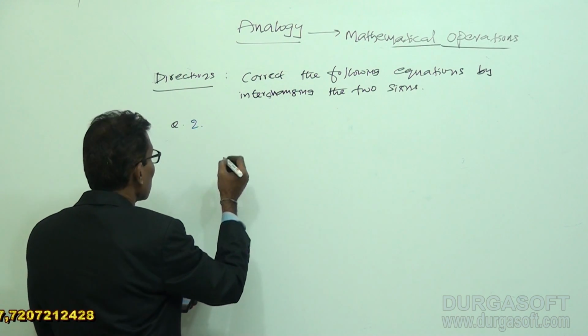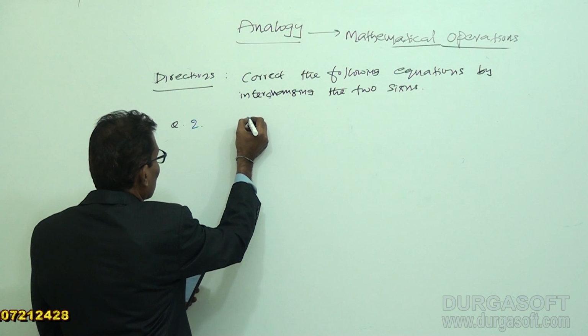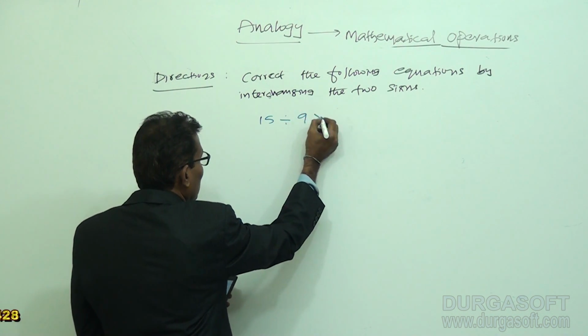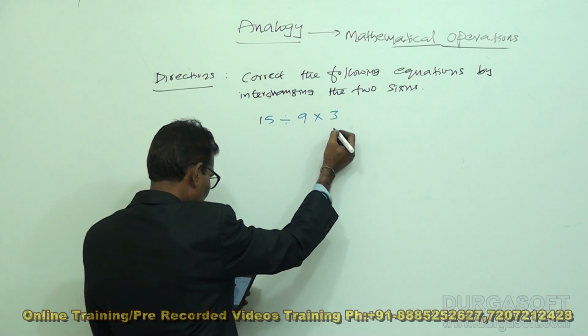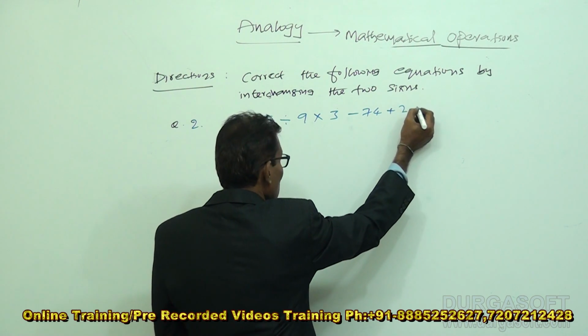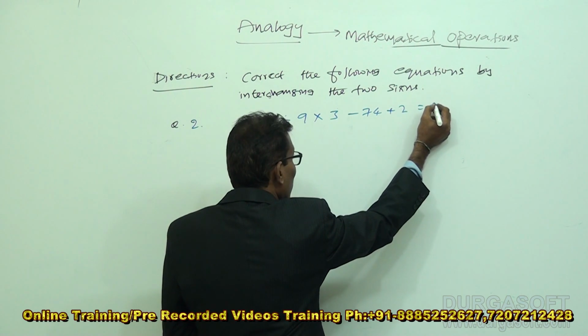So here the question is 15 divided by 9 into 3 minus 74 plus 2 is equal to 5.